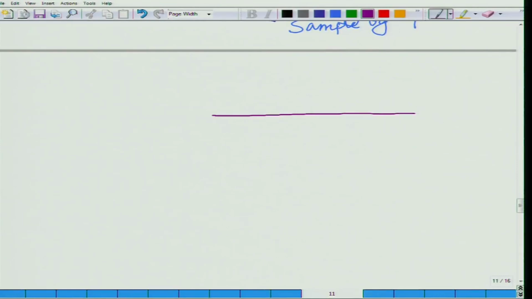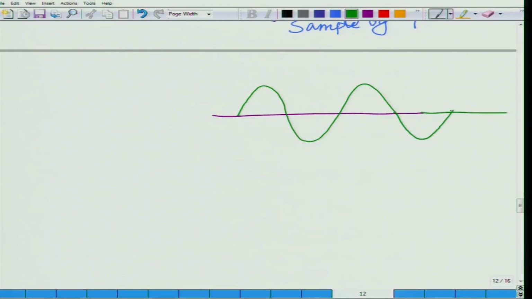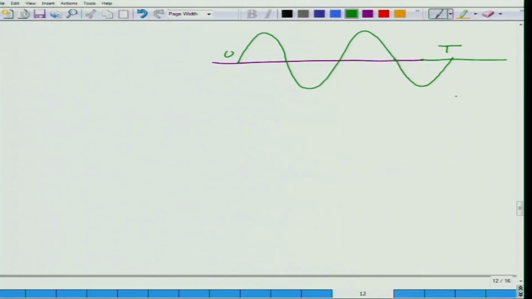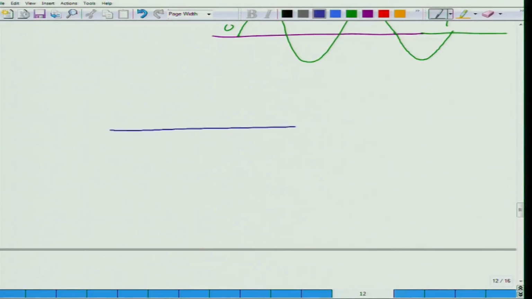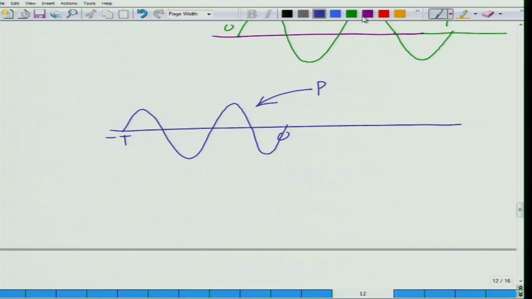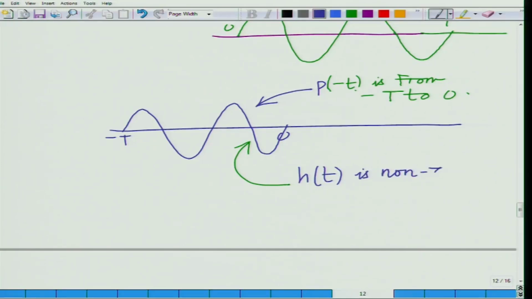If you look at this waveform, this is my p(t), with 2 cycles in 0 to T. If you simply look at p(minus t), it will be from minus T to 0, and therefore, if you want to filter by this, the problem is that this is a non-causal system. h(t) is non-zero for t less than or equal to 0.